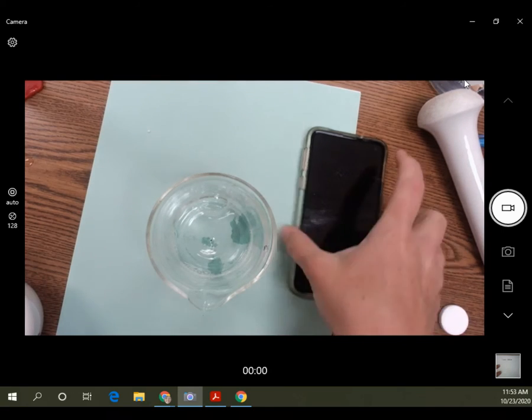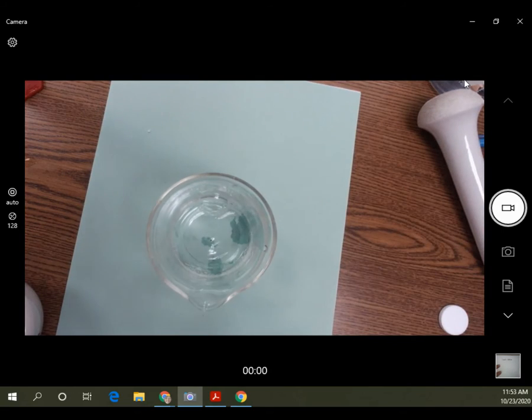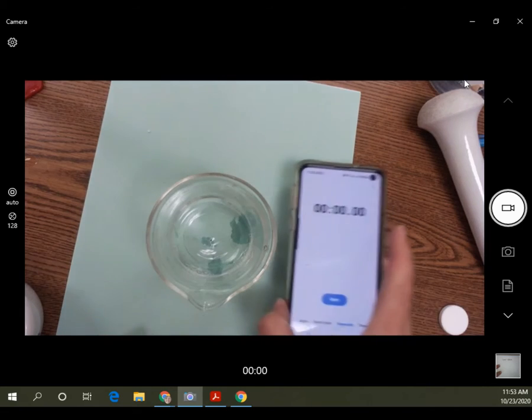Then we need to have our timer. I'm going to reset our timer.